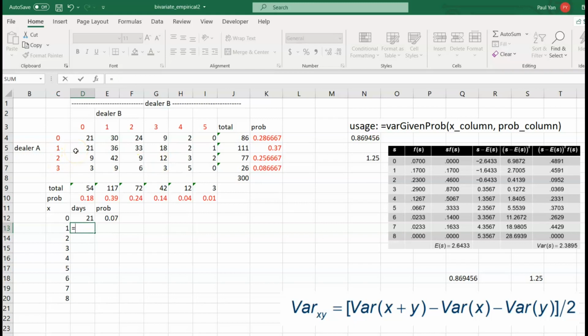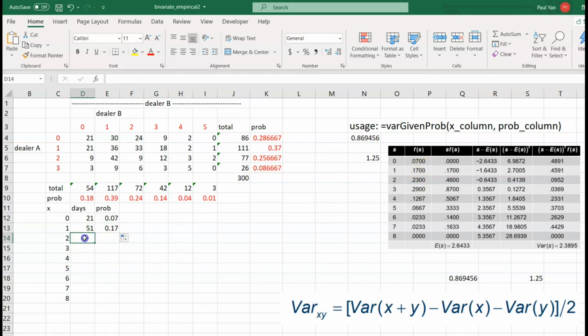So I do 30 plus 21, and we have 51 days. Yeah, we have to use dollar signs, then we can copy the formula. Then we got the second number, so this is 17%, 0.17.